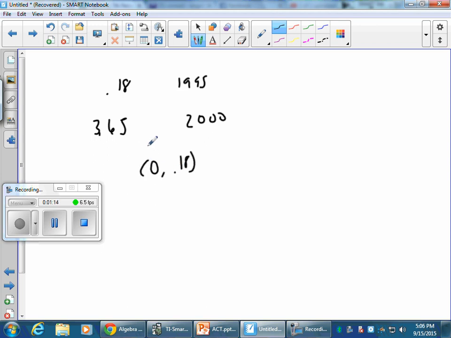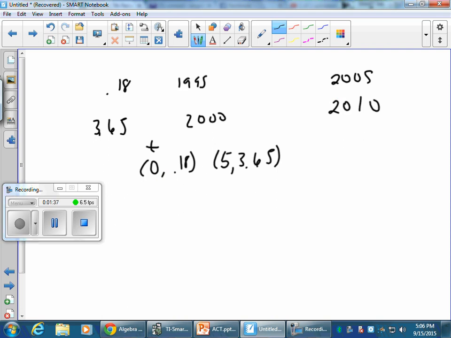So when t is 0, they had 18 cents, and if this is 1995, that's year 0, then year 5 would be 2000, and that would be 3.65. They want us to use the equation that we come up with here in a second to predict what it would be for 2005 and for 2010.